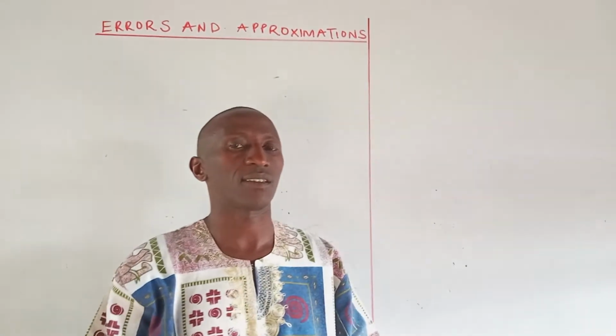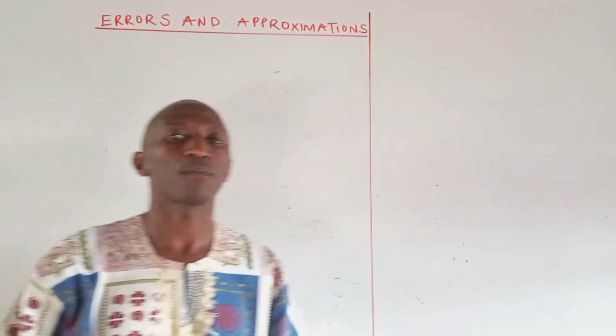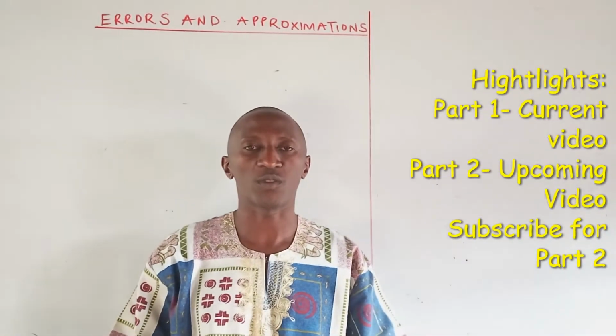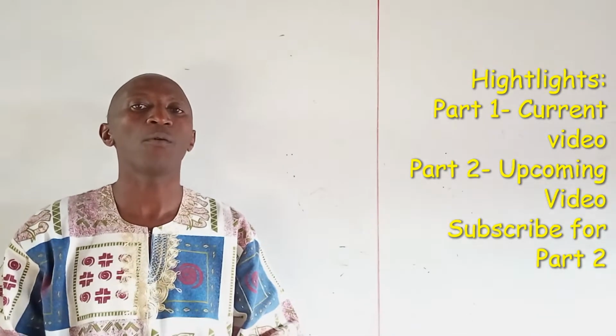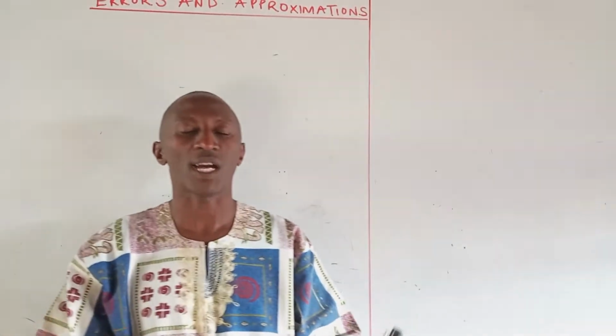Some of the highlights in this topic: we shall divide the entire topic into two portions. Part 1, which we shall have now, and part 2, which will be coming up later on. In part 1, we shall look at sources of errors.